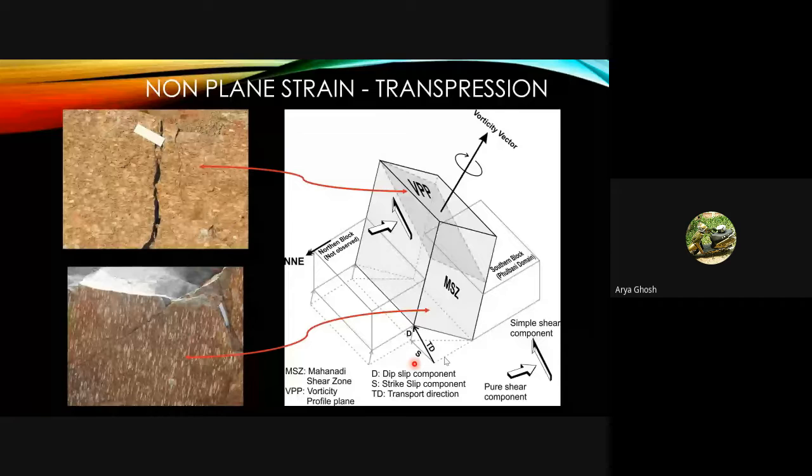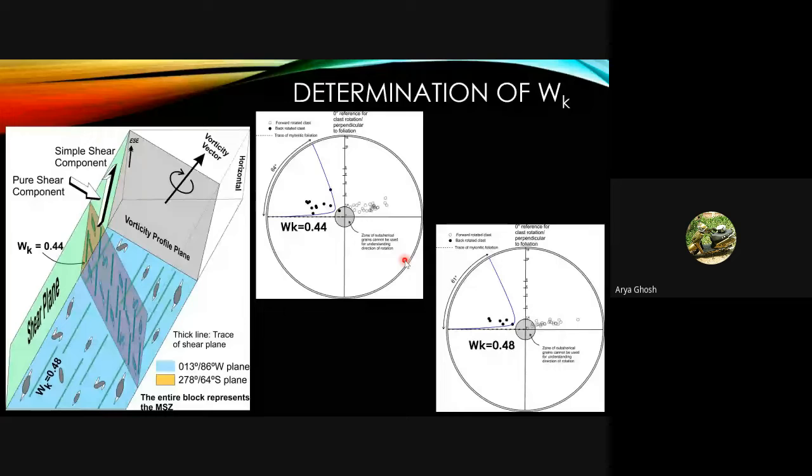Now, when we have confirmed that it's not a simple shear alone, it's a subsimple shear from the pure shear component, we tried to determine the kinematic vorticity number. And for that, we have chosen two planes.